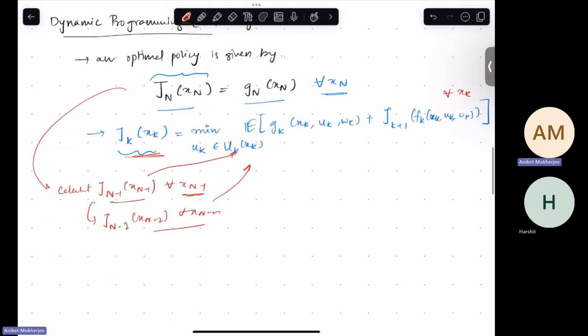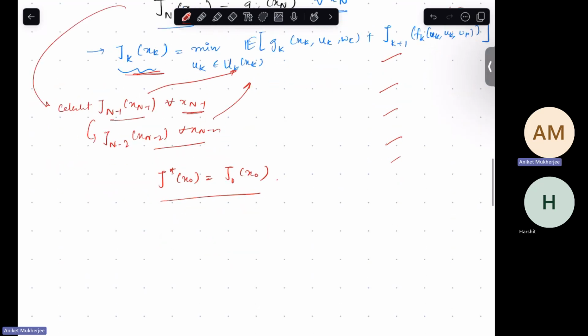You keep on doing this till you reach J0 of x0. So once you reach here, all the uks that you have gotten from deriving this comprise your optimal policy. So what you're doing is going from the back, starting from the back and calculating all the subproblems that could lead to the optimal policy.